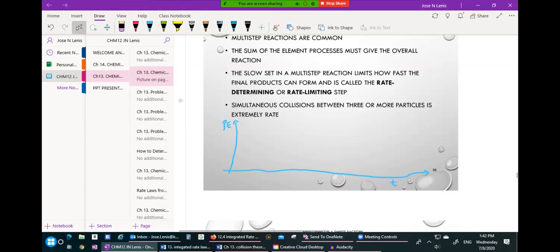for a multi-step process. We have reactants here, A plus B, let's say plus C, to form products. Products are here.